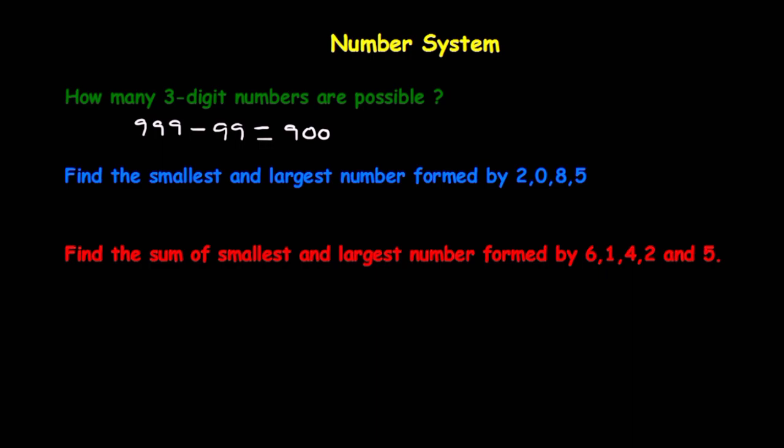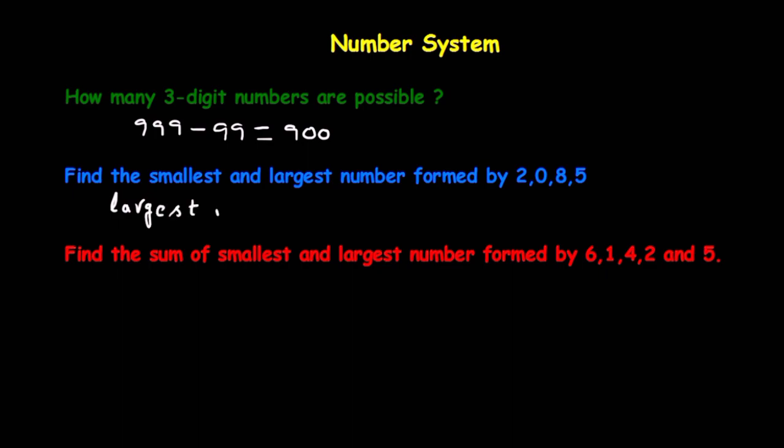The next one is to find the smallest and the largest number formed by the digits 2085. To write this type of number, first I am going to write the largest number. What is the largest number here?